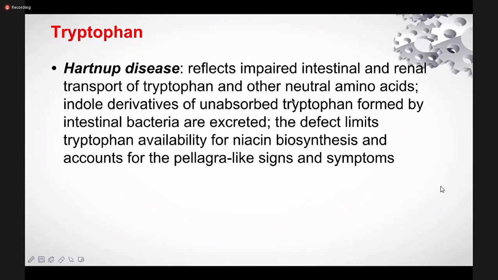The indole derivatives of unabsorbed tryptophan formed by intestinal bacteria are excreted. The defect limits tryptophan availability for niacin biosynthesis, and this accounts for the pellagra-like signs and symptoms. So you will be hearing about pellagra-like signs and symptoms. So Hartnup disease is a consequence of a problem in tryptophan catabolism.